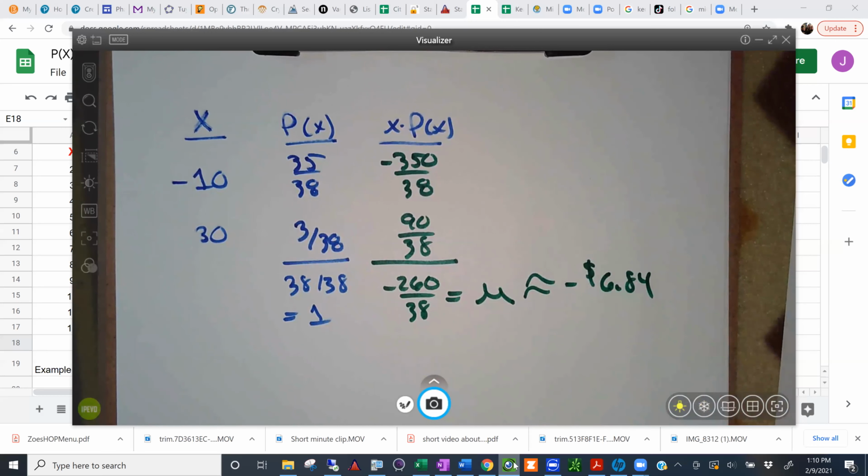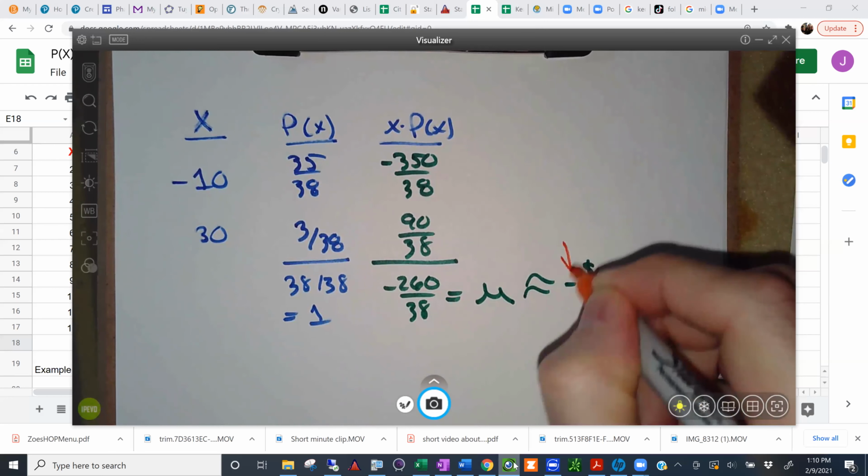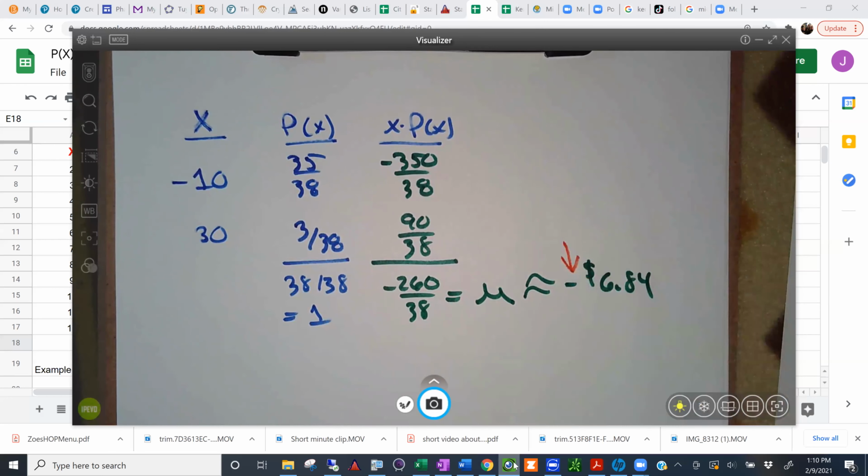Awesome. Now there's something interesting about this number here. What's that negative reflect? Money lost. $6.80. Yeah, you're losing.